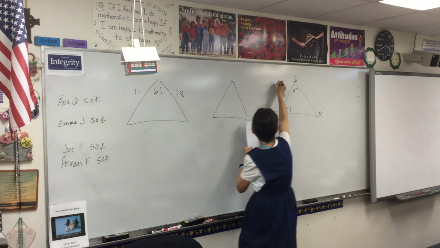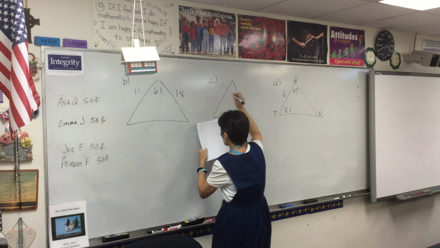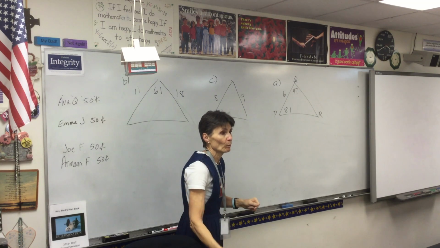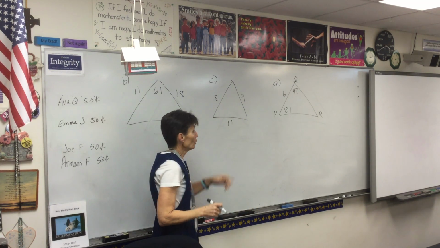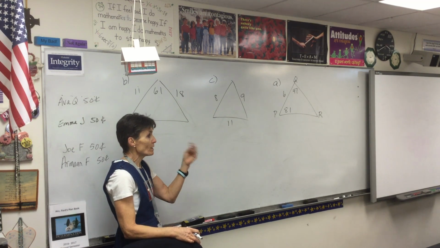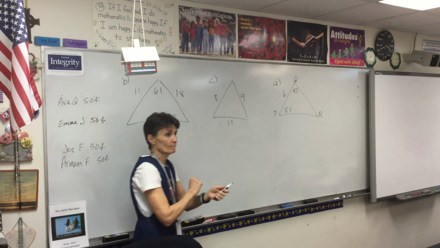This is A, B, and C. Now, 2 of the problems, you guys, are going to be no-brainers. Look at A, B, and C, or look at your paper. Which are the 2 that you should be able to just boom, boom, boom do? B and C.